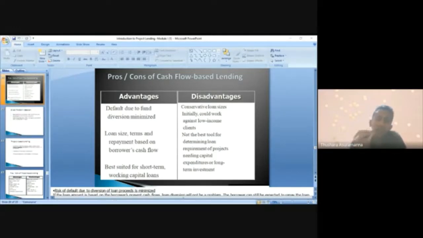Similarly, there is a micro entrepreneur, and he wanted to enhance the business or go to the next level, and he comes to you and asks for a credit facility. But as a bank, you are unable to cater to that request. Why?